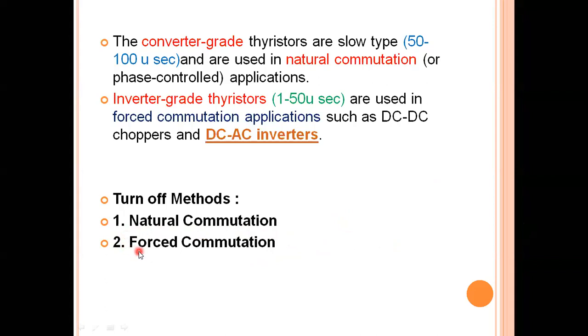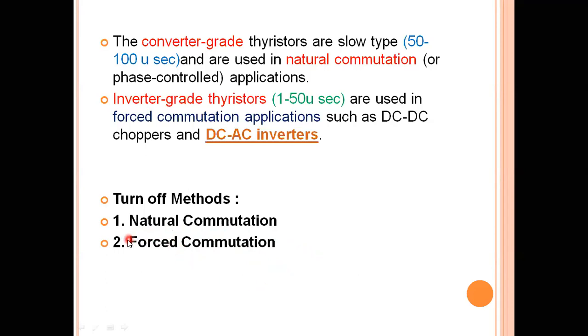Then there will not be any favorable conditions for the device to be turned off. So we need to force the current flowing through those particular devices to fall less than the holding current. That particular method of turn off is considered to be forced commutation.